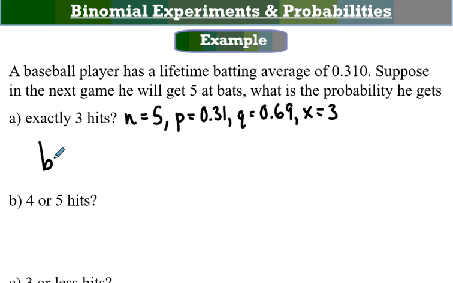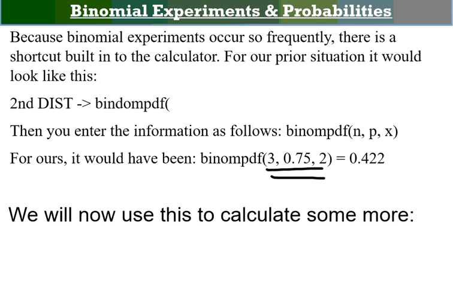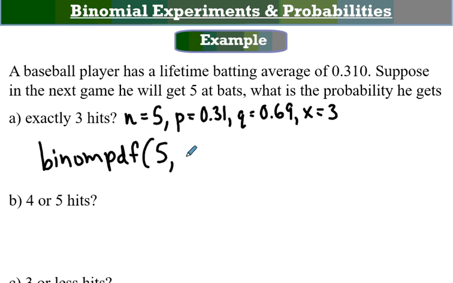So I grab my calculator, I type in binom PDF 5. I have to remember the order. It was n, p, x. And then probability of success is 31. You don't need to tell it the percent of failure because it knows if it's a 31% success, it can get to the 69% failure. And I need 3 successes.